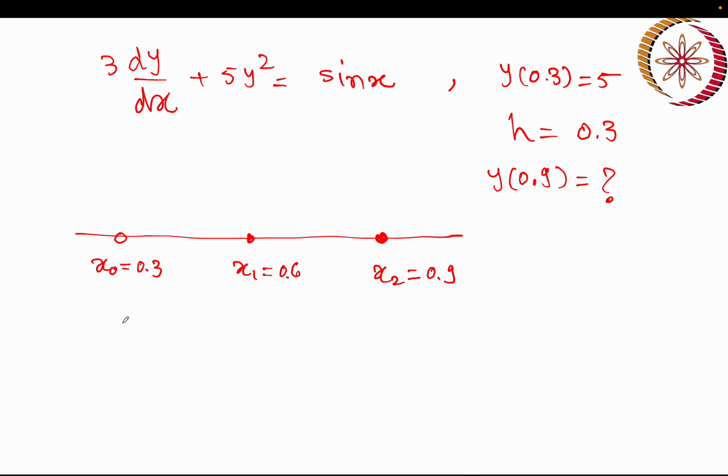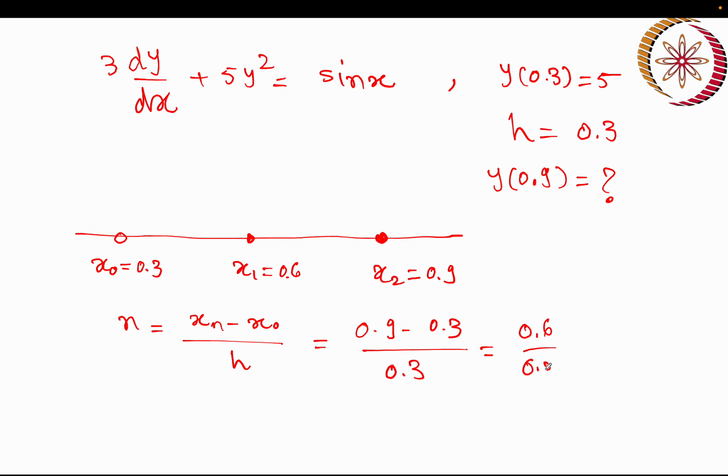The number of steps is xn minus x0 by the step size, which is 0.6 by 0.3 equal to 2. So 2 steps we have to take: first from here to here, and then from here to here.